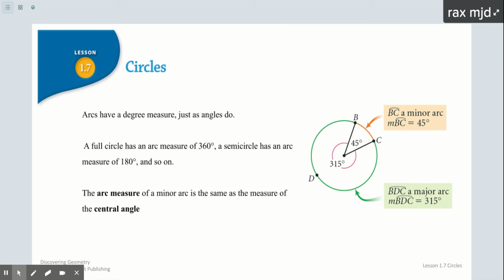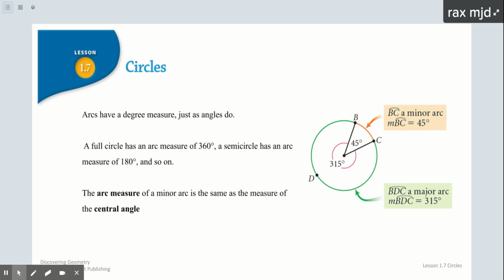Okay, and I've been mentioning degrees for arcs, and arcs have 2 different kinds of things that we talk about. There's their measure, which is a degree, and there's a length, which is an actual distance, how long it would be if we stretched it out flat. So the measure is going to be the same as the angle of its central angle.